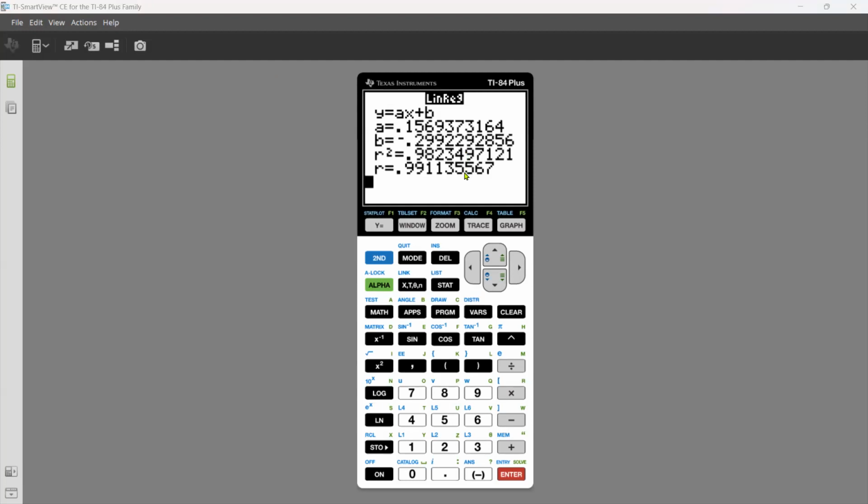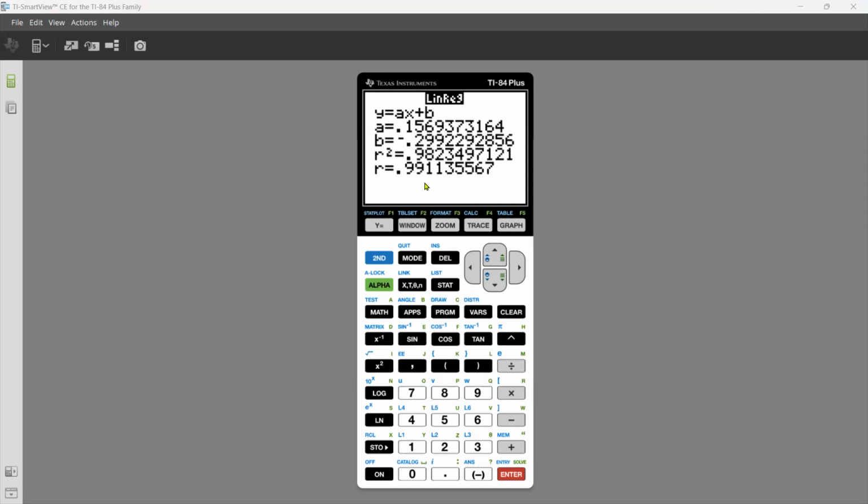So that's how you get R. What you want to write down from this screen is, you're rounding it to 4 decimal places, remember. So you want to write down A rounded to 4 decimal places. So 0.1569.